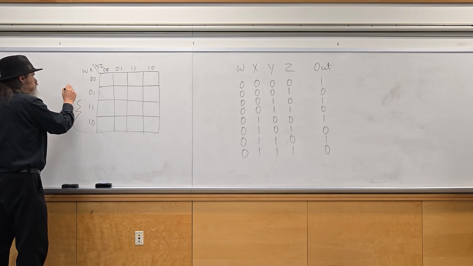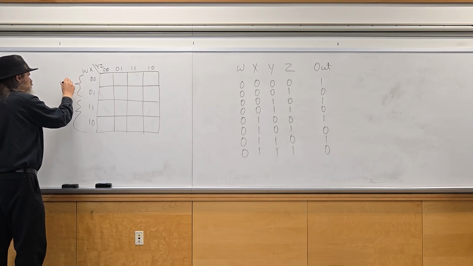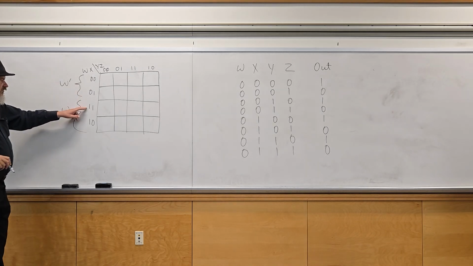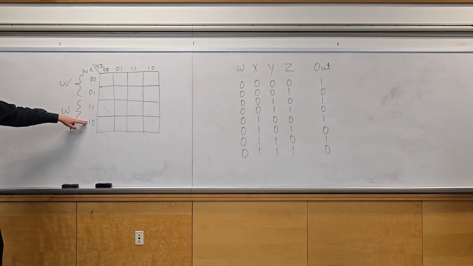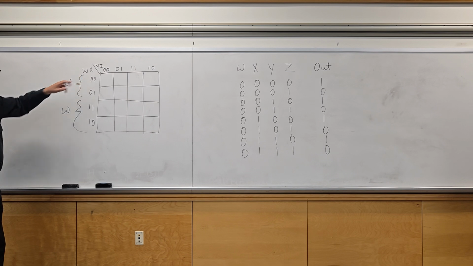This is W, W prime, because the 1's are for the W, 0 for the W prime.